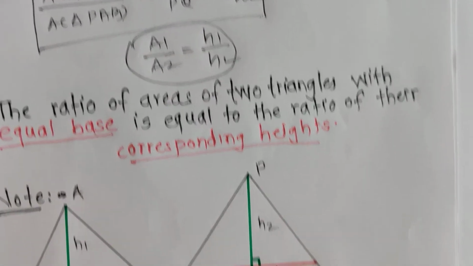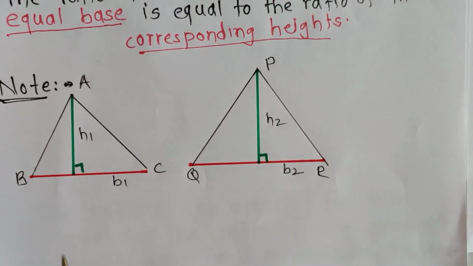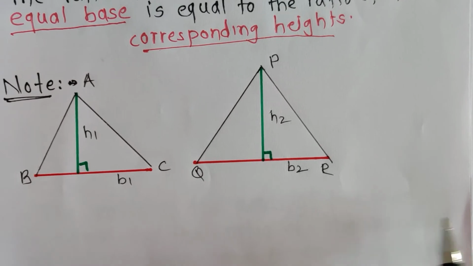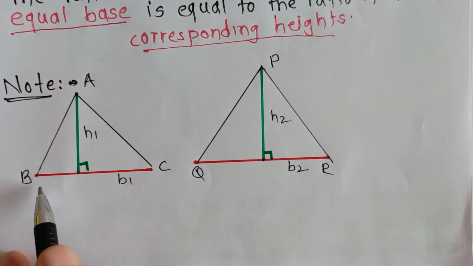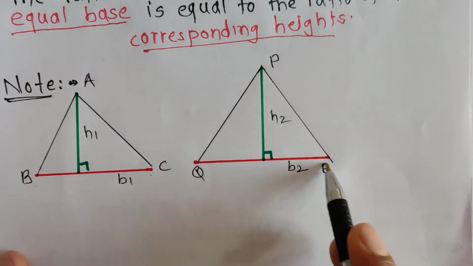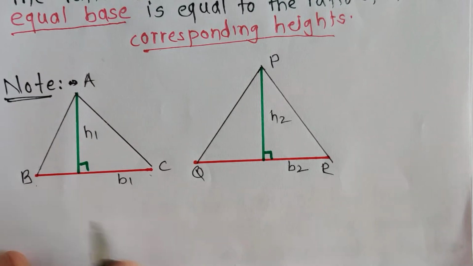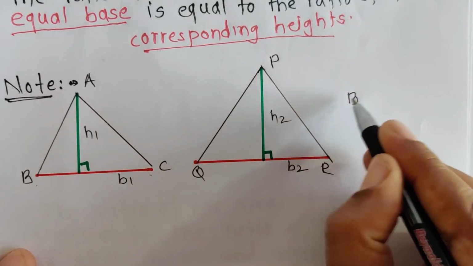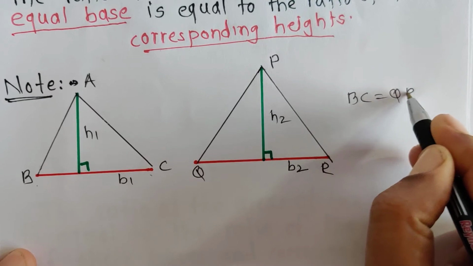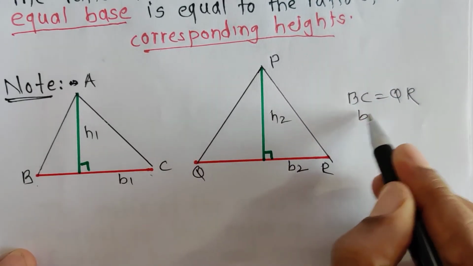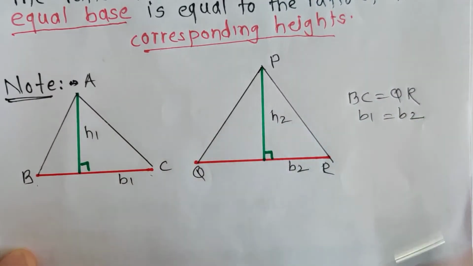Now note one thing again. If we observe triangle ABC and triangle PQR, here BC is shown by the same color as QR, that means BC equals QR, equal bases, B1 is equal to B2.